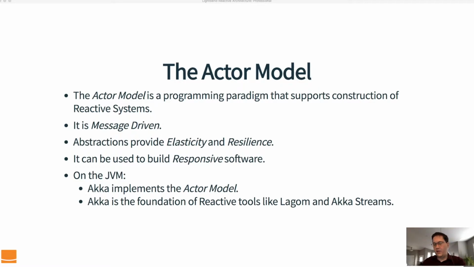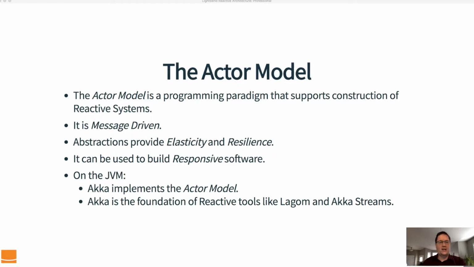So first off, the actor model by its very nature is message driven. When you build systems using the actor model, all communication between actors is done using asynchronous non-blocking messages. So that's one checkbox that we can check on the reactive principles. It also provides abstractions that give us elasticity and resilience.